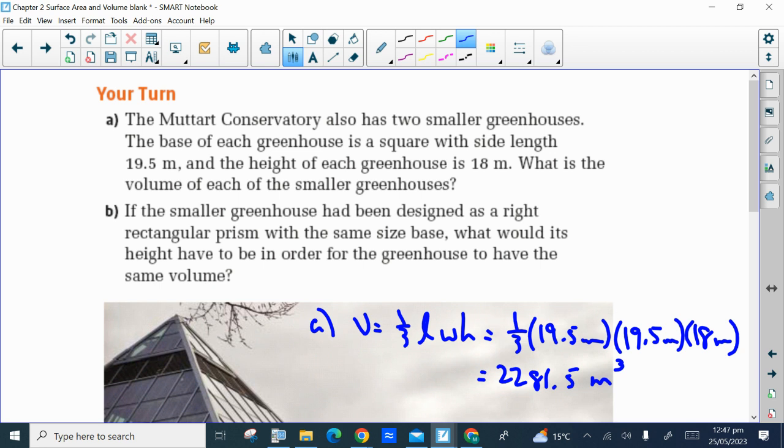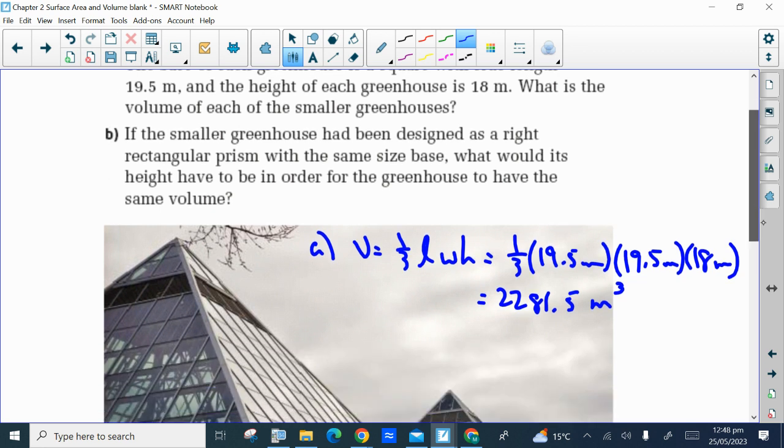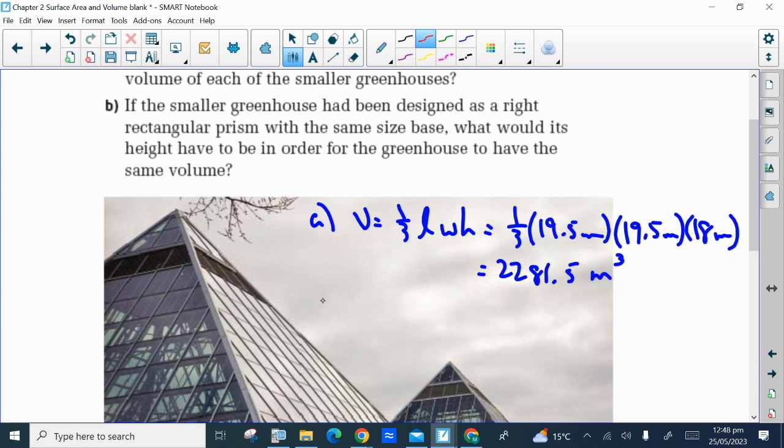If the smaller greenhouse had been designed as a right rectangular prism, in other words, a box instead of a pyramid, with the same size base, what would its height have to be in order to have the same volume? So the volume of a box is length times width times height. We want the volume to be the same, 2281.5.